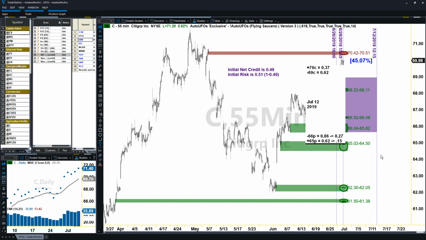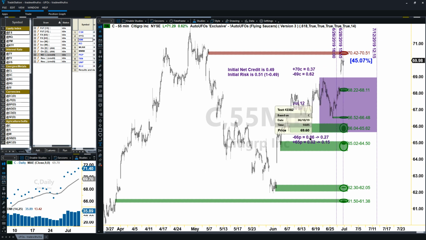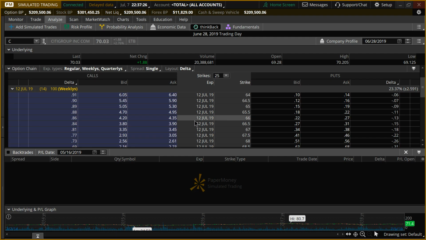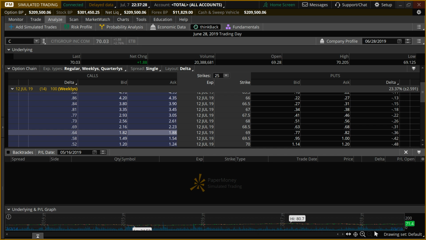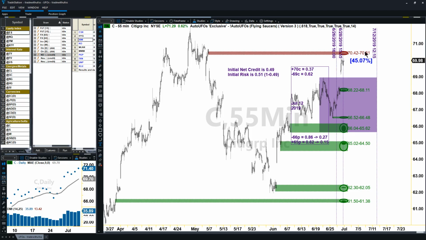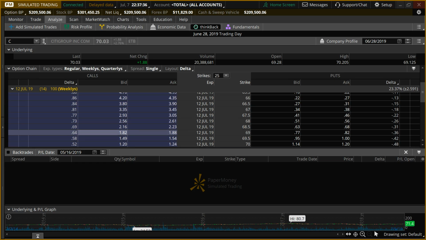So obviously the put side is producing a profit, but the call side is not. The call side is producing a loss, right? The 69 call is now trading at 182. When you sold it, the 69 call was 62, but now because the stock went up, it's now 182.